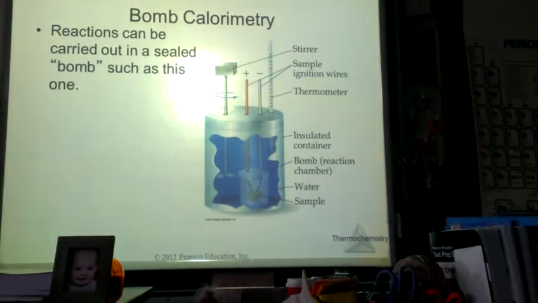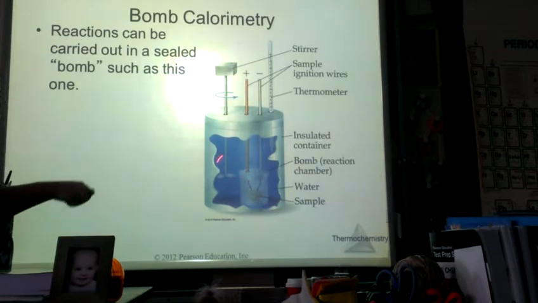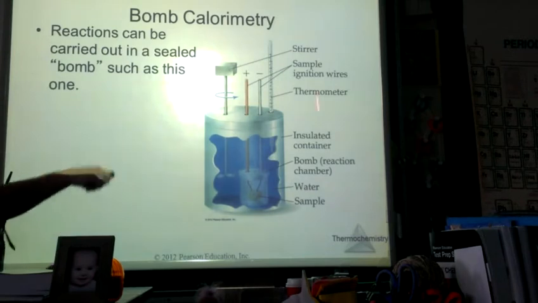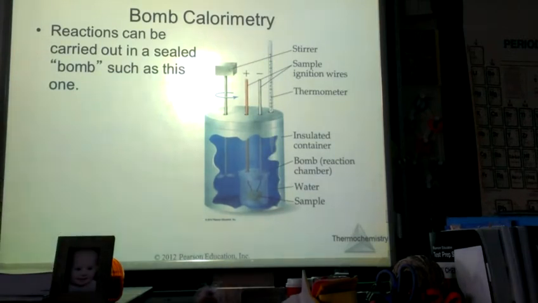So we're just trying to force this sample to combust so then that way we can measure that change in enthalpy. So the heat released when combustion occurs, of course it's going to be the exact same thing like the other calorimeter that we did with the coffee cup, in that any energy that this releases, the water around it is going to absorb. So I can monitor that through the use of my thermometer.